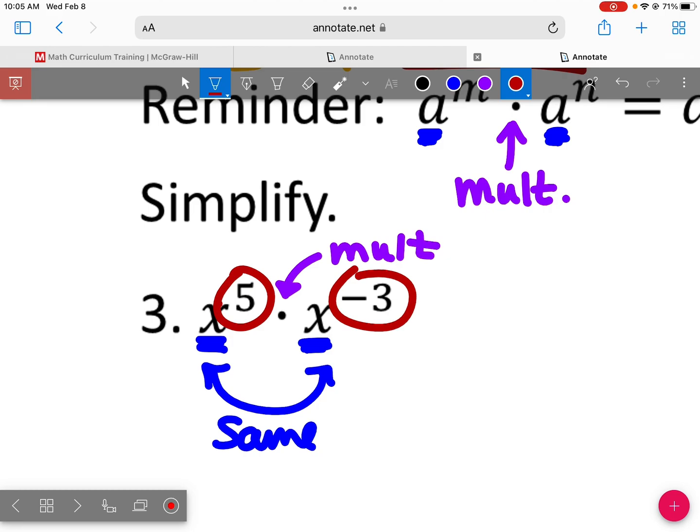We multiply them when I have one base and it has an exponent inside and an exponent outside. That's when we multiply those exponents. But here, when I have 2 bases that are the same and they both have exponents, multiplication in between, we add those exponents. I'll give you an example of why that is. Okay?